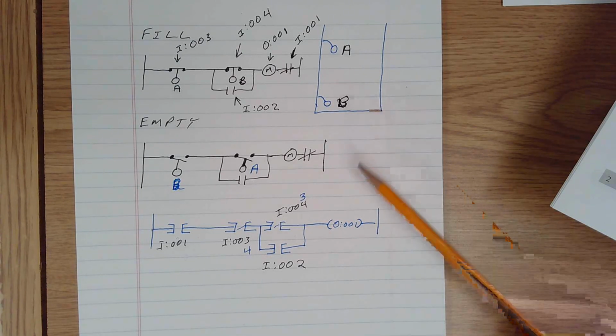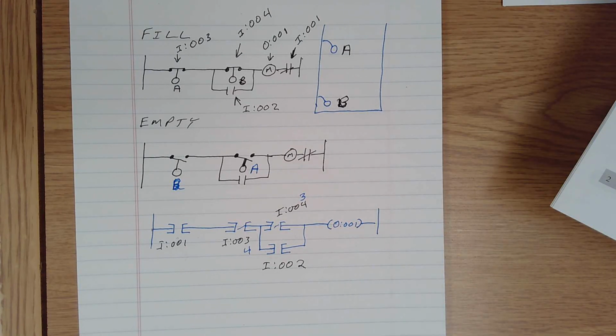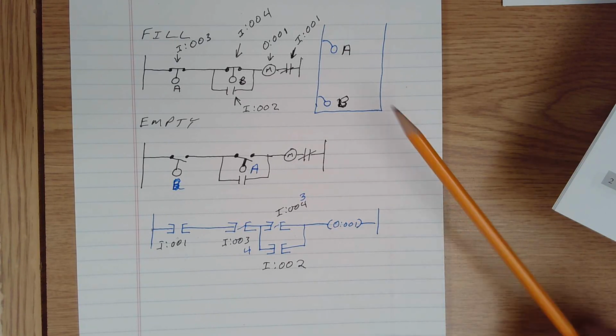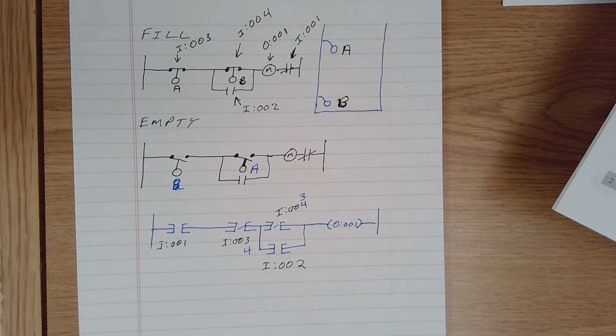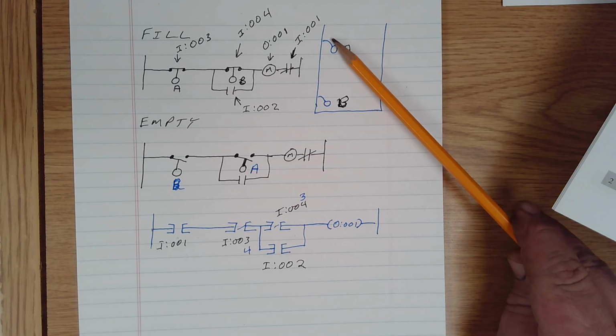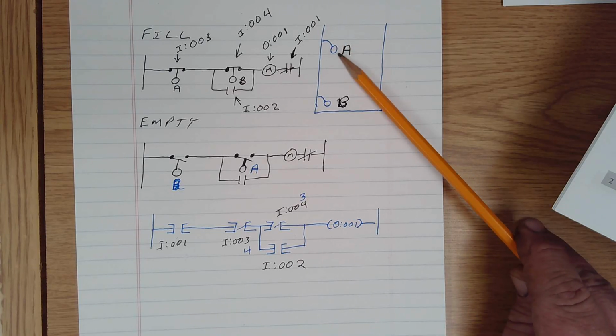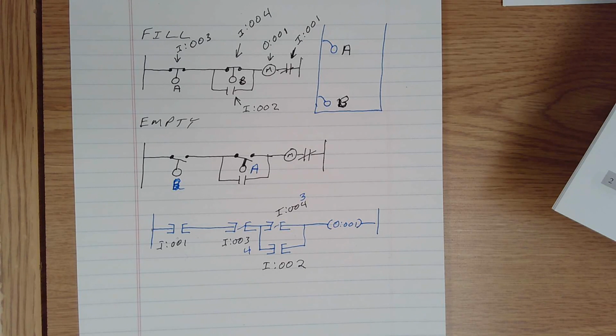You could have another circuit only work if A is filled, and again, go into a whole other ladder logic program within the same PLC. Include that address. You can include this address that's connected to the input from this top float switch in 100 or 1,000 different programs, and each one of those will still be looking for that action to happen.